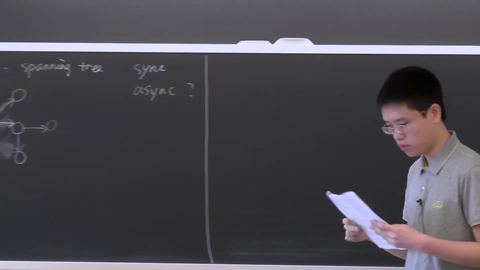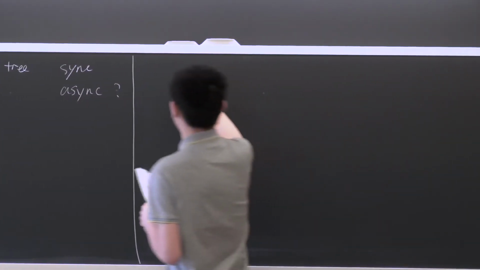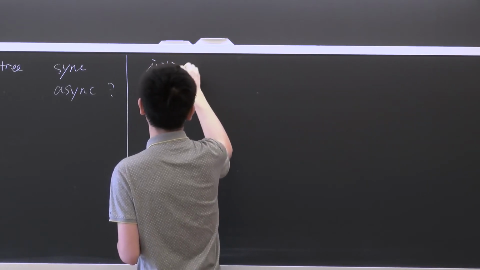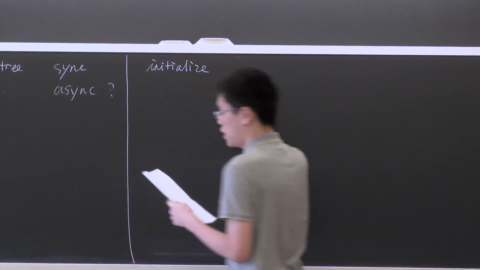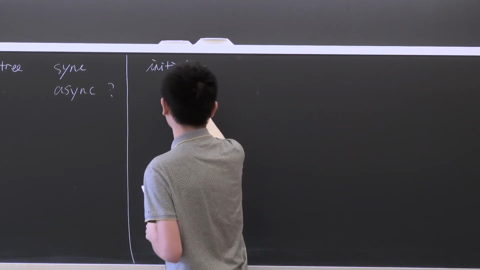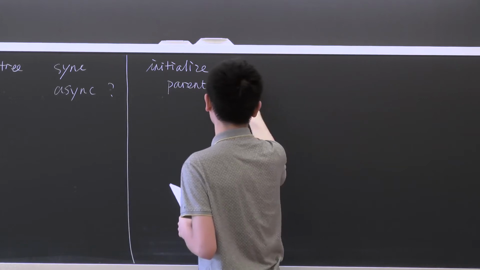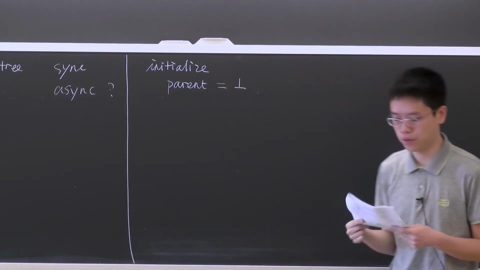Okay, how does this algorithm work? We will have several variables. The first one is parent. We will initialize it to this undefined symbol.